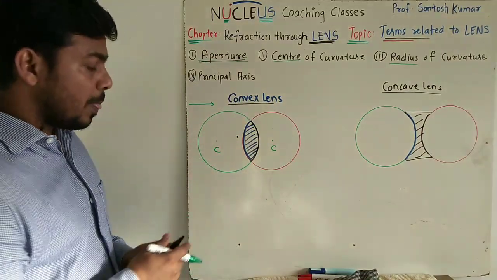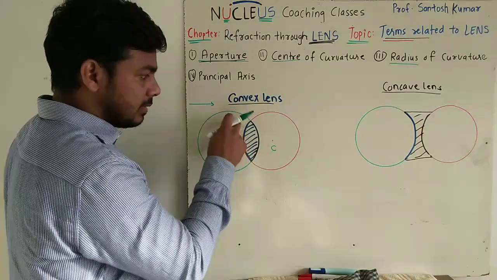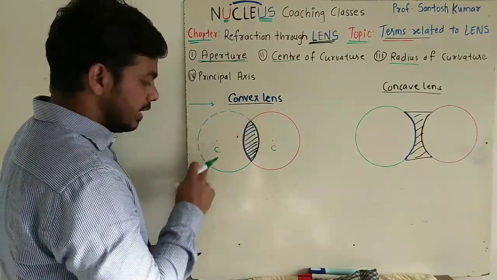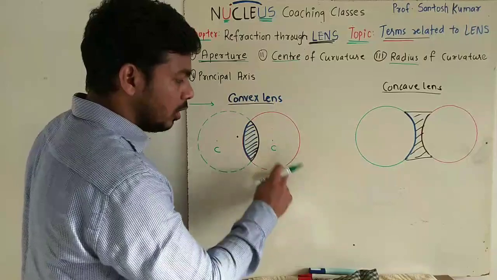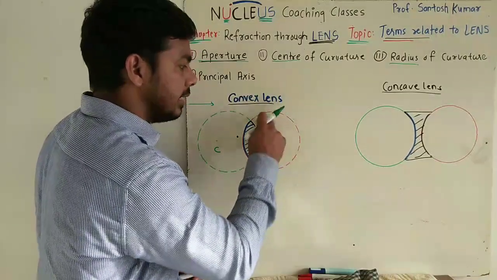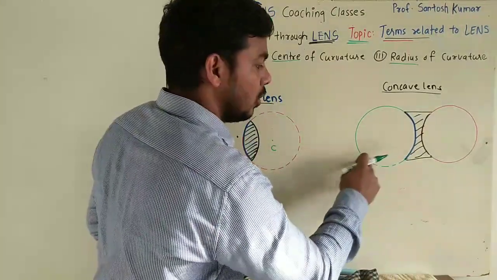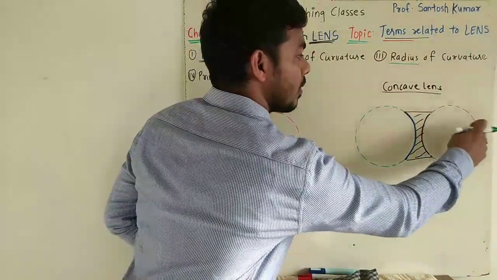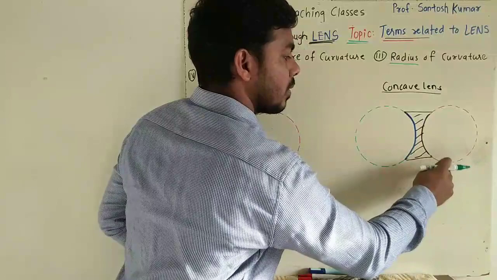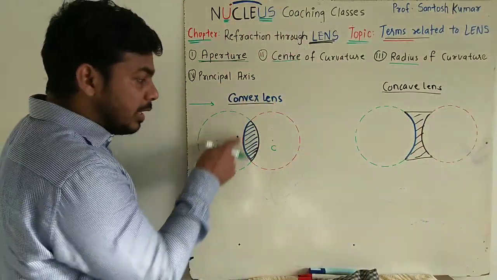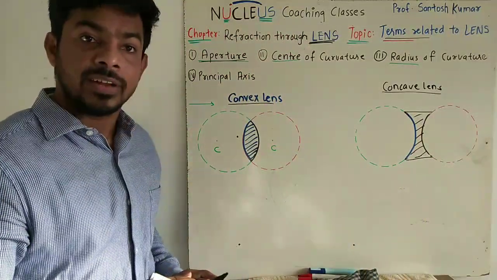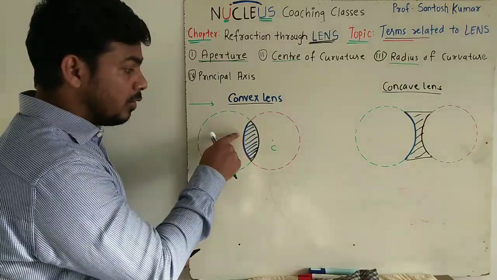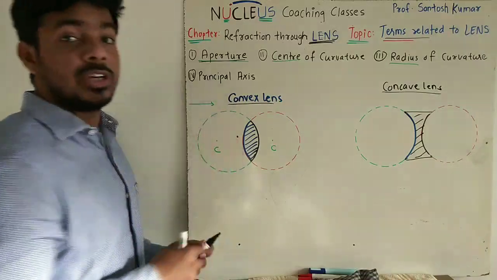If I talk about this lens, this sphere will not be visible at all. What is visible? Only the lens. You can see here also only the lens is visible. This blue surface is called the first refracting surface because the ray of light will hit the blue surface first.